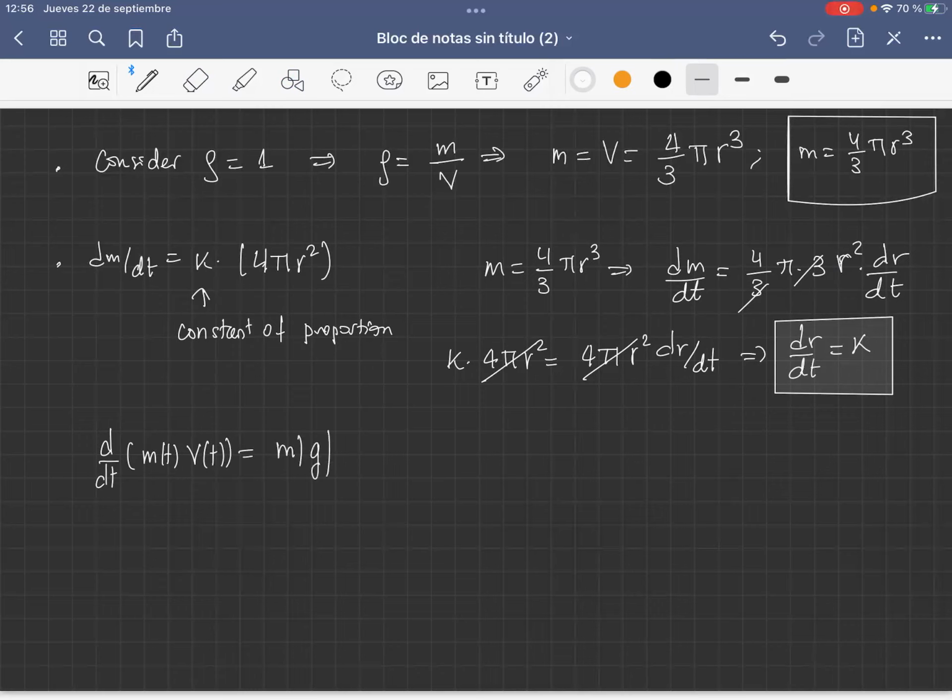So depending on the convention that you use, you can use gravity positive or negative depending on the coordinates that you're going to use. So to avoid coordinates in this case, I'm just going to put the absolute value of g, okay? So it could be minus g or plus g. And here, this would be the force on the left-hand side. Bear in mind that here the mass depends on time. So it's varying.